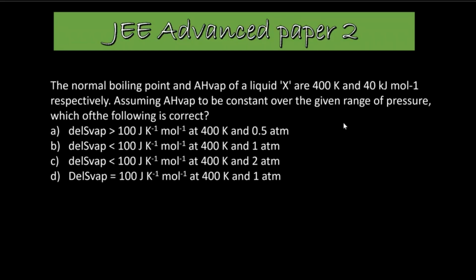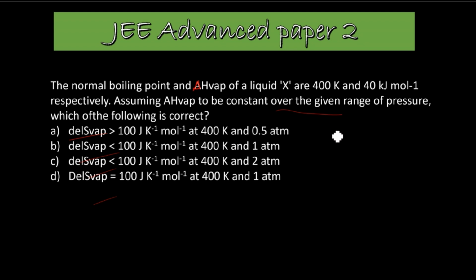This question: the normal boiling point and delta H vaporization of liquid X are 400 Kelvin and 40 kilojoule per mole. Assuming delta H vaporization to be constant over the given range of pressure, which of the following is correct? This is a more than one correct type of question. So first, let's find delta S, because the options ask for delta S at the given temperature and pressure changes.